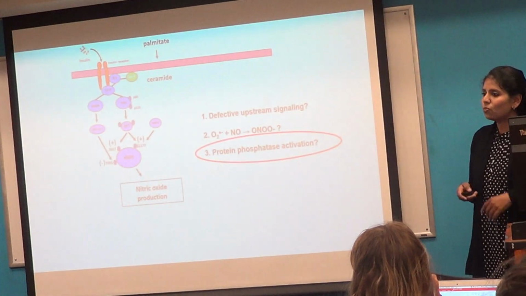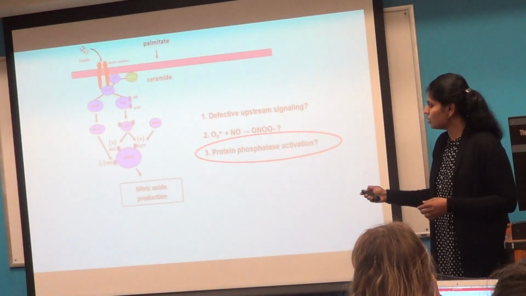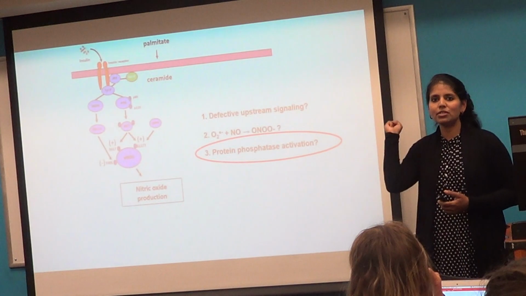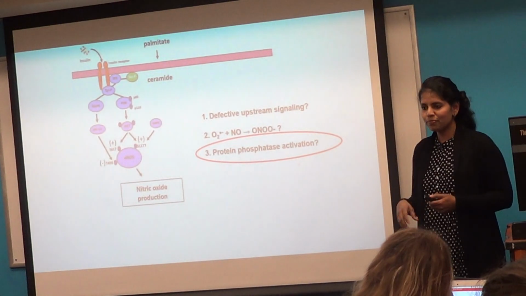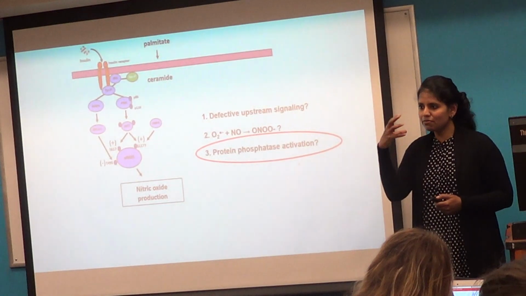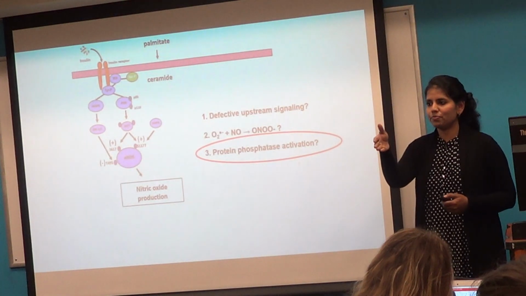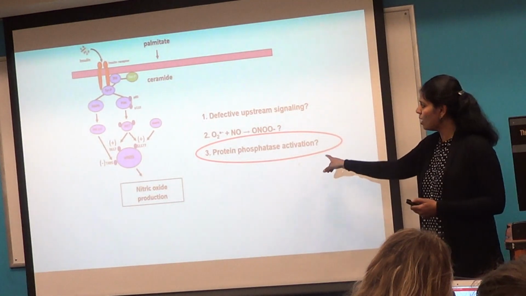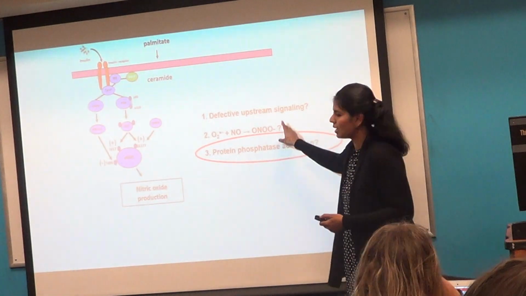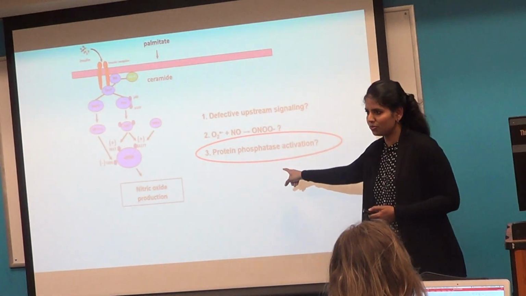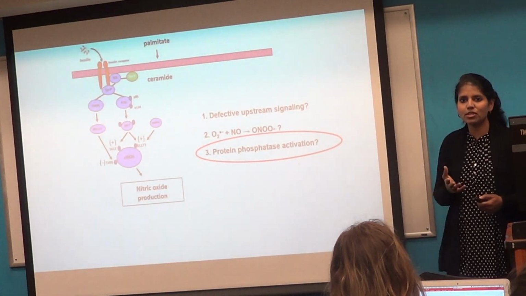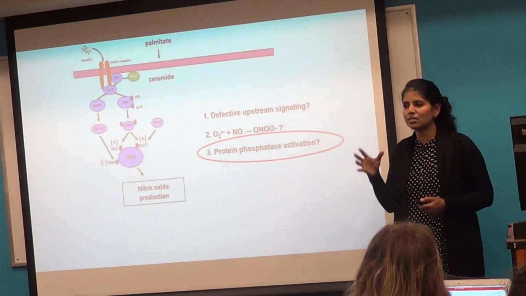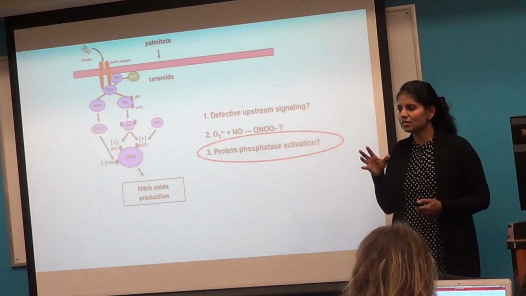The next option is to see if there is a phosphatase that is taking off the phosphate group or inactivating. Sometimes phosphatase activity can inactivate eNOS. So is there a protein phosphatase? Kinases are fine. What about phosphatases? So we searched the literature to see what's the most abundant phosphatase that could be in an endothelial cell.